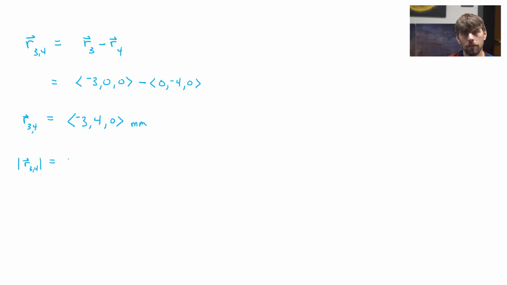It turns out to be the exact same thing, 5 millimeters. Which means we can immediately calculate the unit vector, and we get that the unit vector for this second situation is negative 3/5, 4/5, and 0.